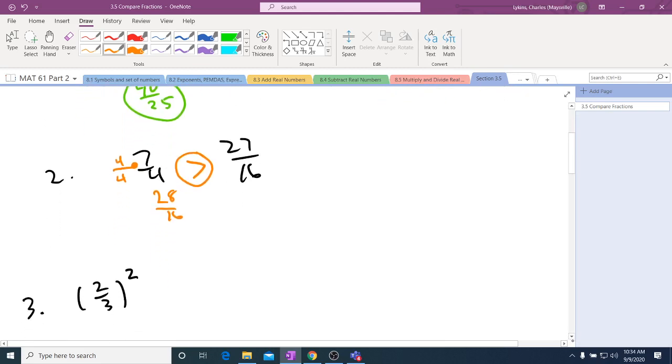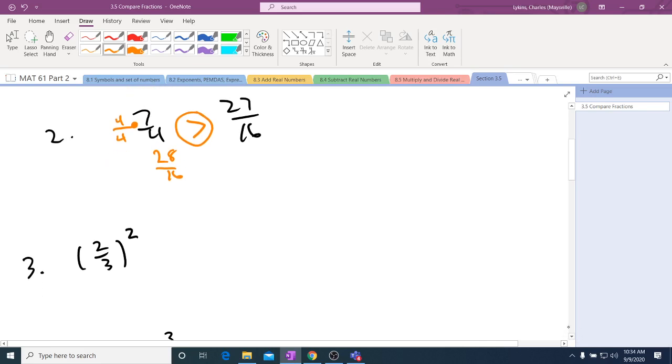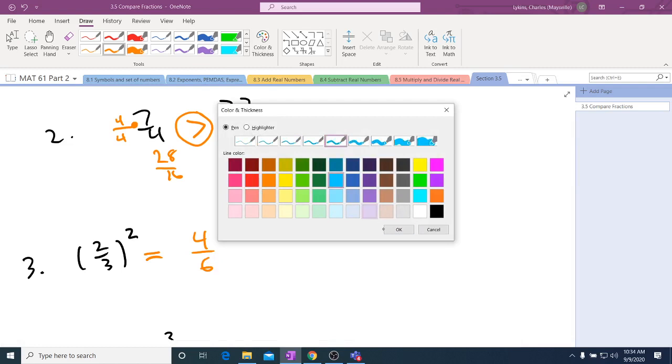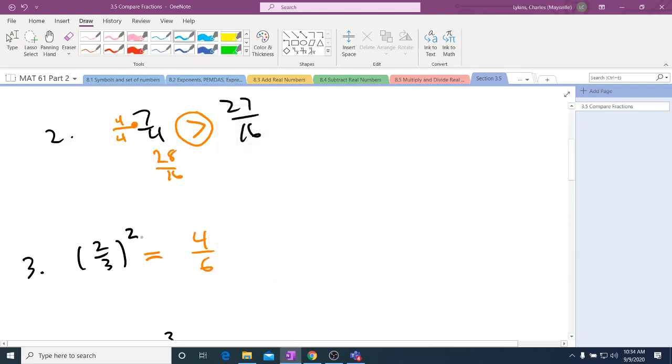So next part of this, we're understanding exponents. Here's what I see a lot. We take 2 times 2 and 3 times 2, but that's not how we do this. What this means is that 2/3 squared means I'm taking 2/3 and multiplying it by itself 2 times.